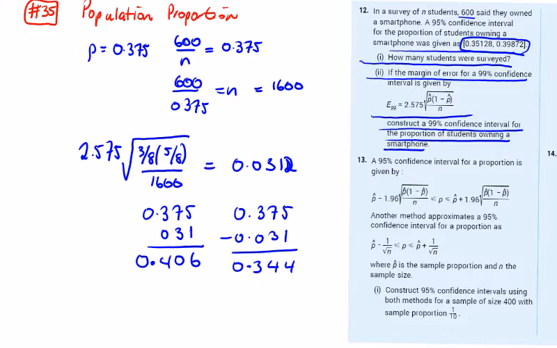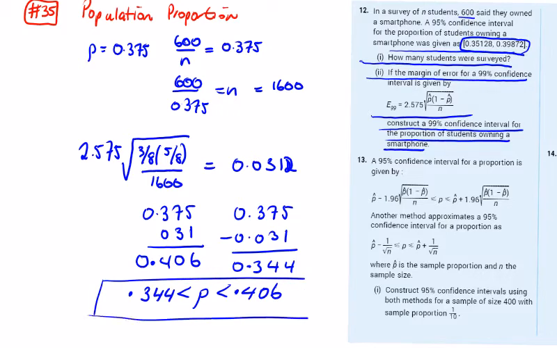So we could finish by putting it in square brackets, or we could put the interval by, I think putting P like this is probably the easiest way, 0.344 and 0.406. And this is our 99%.